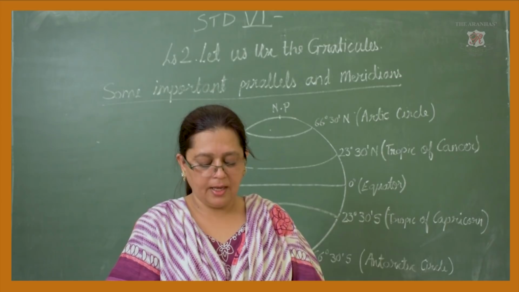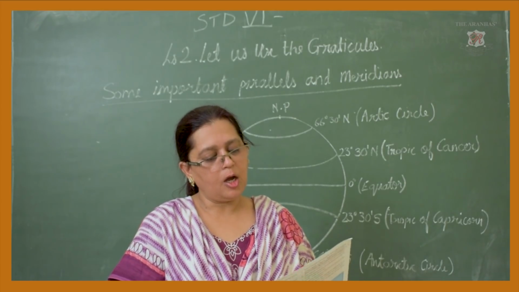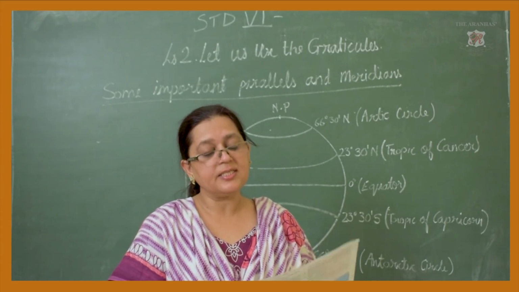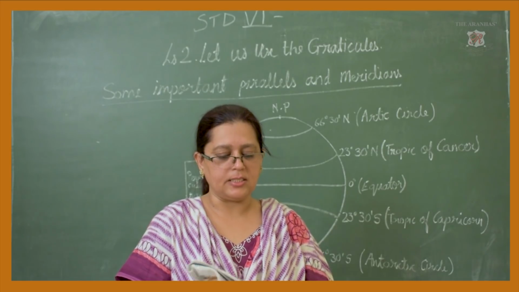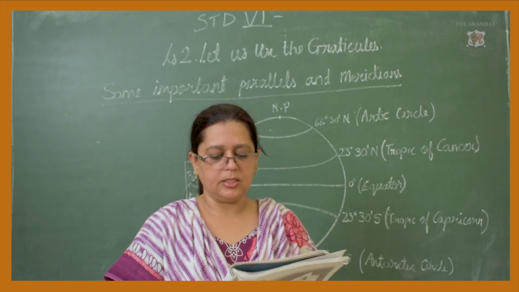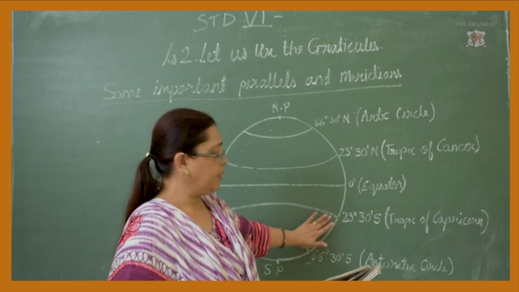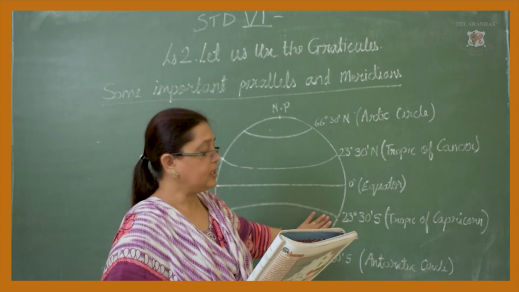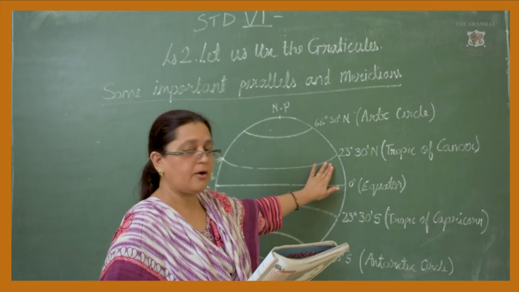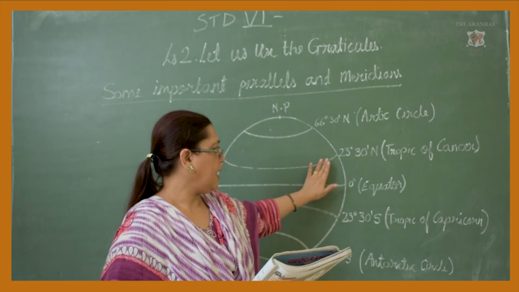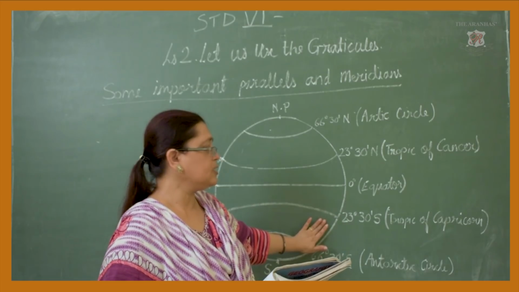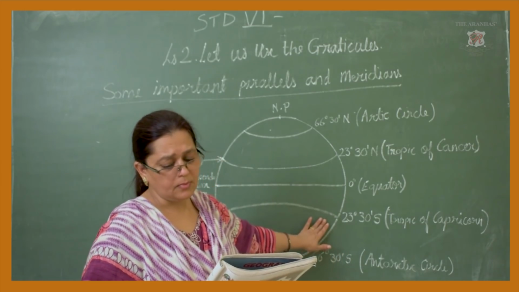Then we studied some important parallel lines and meridian lines: the Tropic of Cancer and the Tropic of Capricorn, situated at 23 and a half degrees north and 23 and a half degrees south.